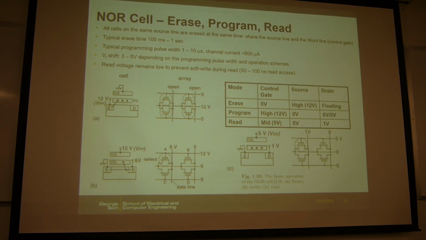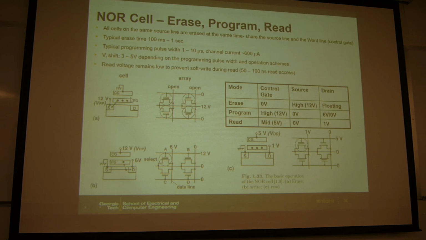So here you need to understand how to bias your word line, bit line, and source line to do the erase, program, and read operations. How do you apply voltages? So let's look at erase first. The erase is by the FN tunneling, as we discussed earlier.